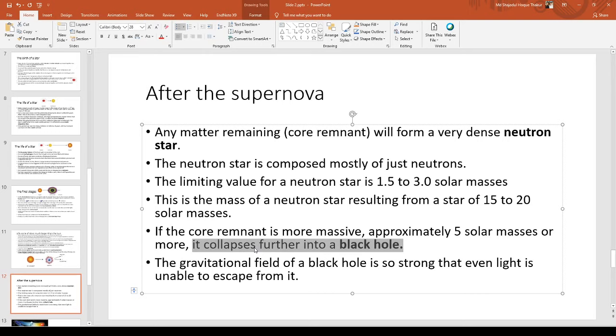For a neutron star to exist, all this huge, large mass has to be in a very small space, all these neutrons bunched up together, right? But if the mass of the core remnant is 5 solar masses or more, then it will be way too much.